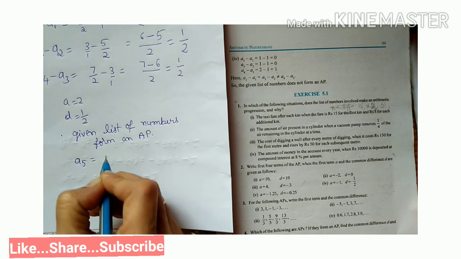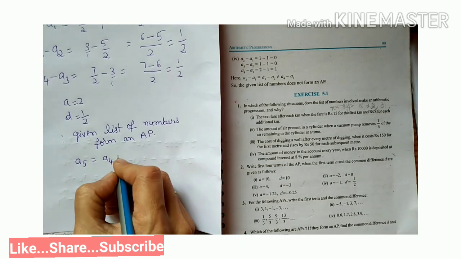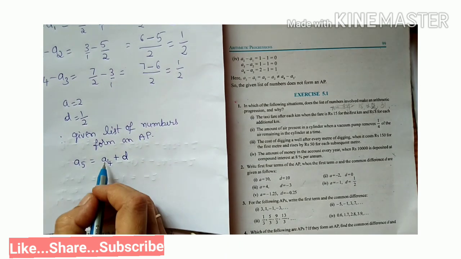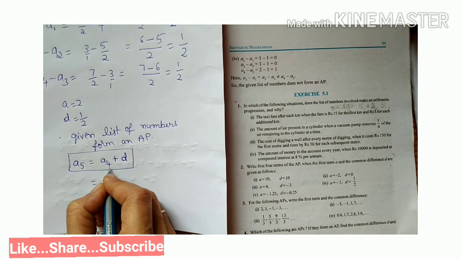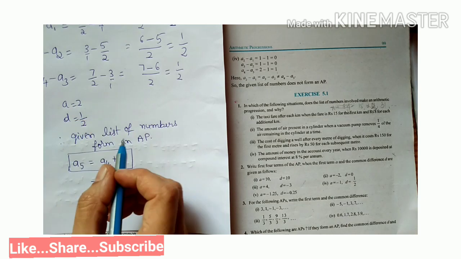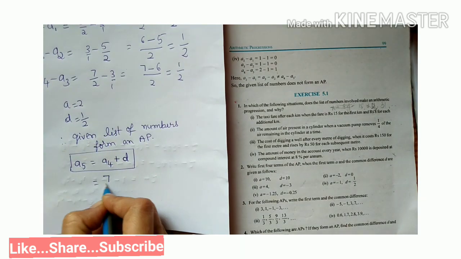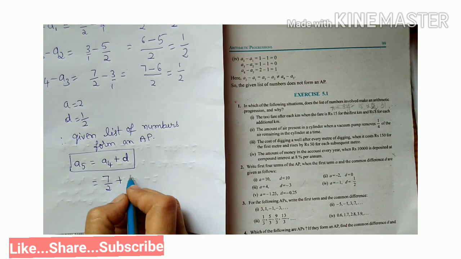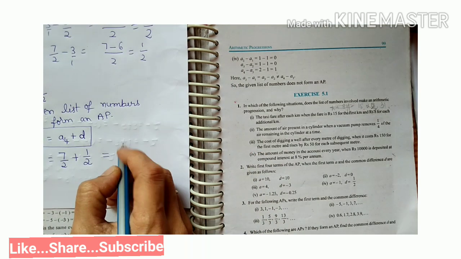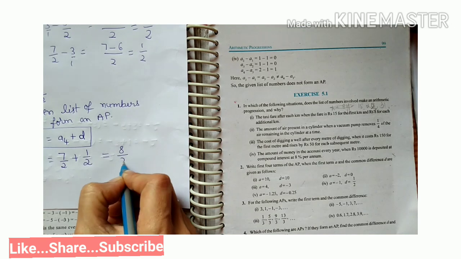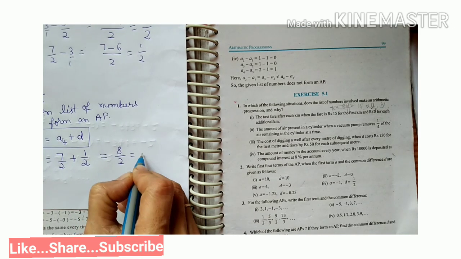A5 is the fourth term plus the common difference. Fourth term is 7/2 plus common difference half. Therefore, here 8/2 means 4.